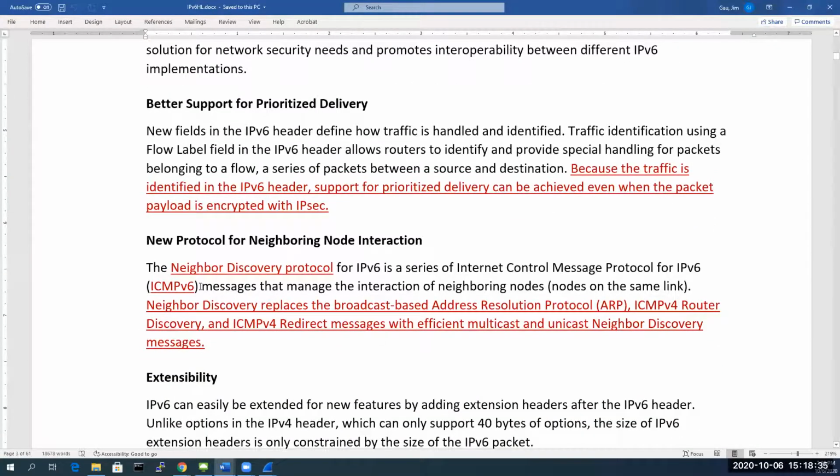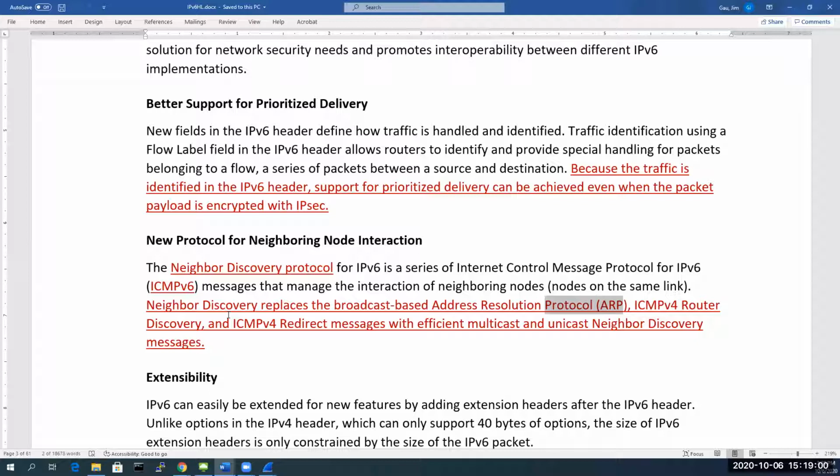Now, here is the neighbor discovery. It's ICMPv6, and it replaced the broadcast ARP. In theory, we say IPv6 doesn't have broadcast. However, there is one of those broadcast-like multicast addresses, and it's the local network all nodes address.